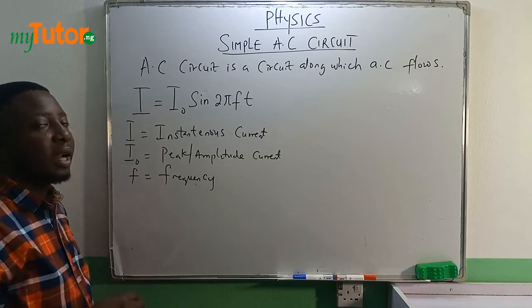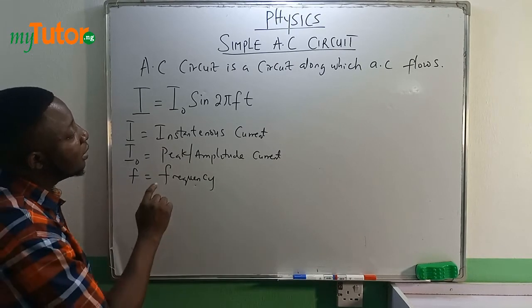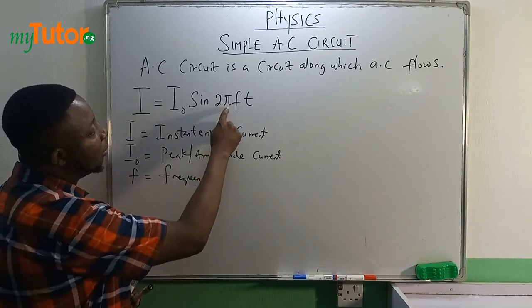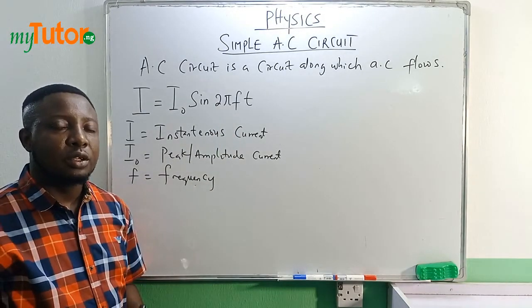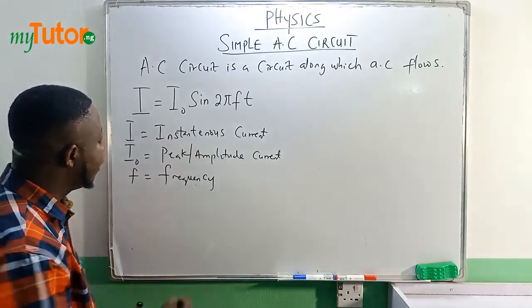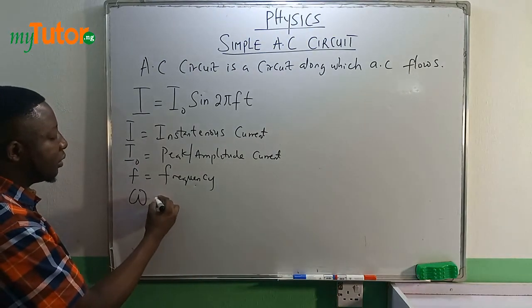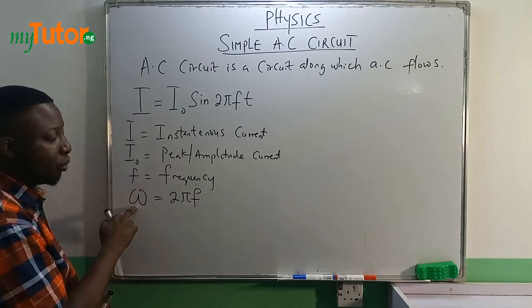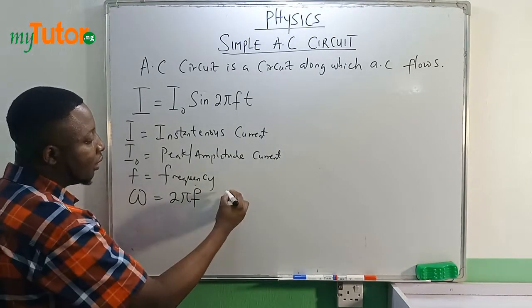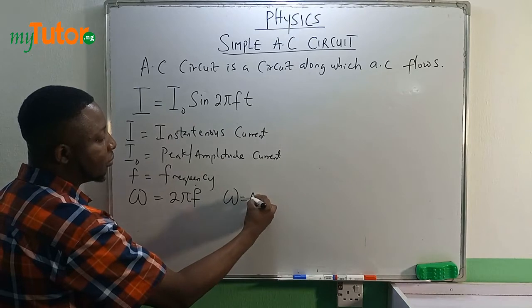Now, if you take a look at this formula, we can see a parameter there, which is the 2 pi f. We know that angular velocity is also equal to 2 pi f. So this symbol, omega, is called the angular velocity.